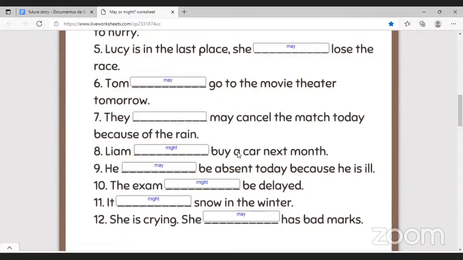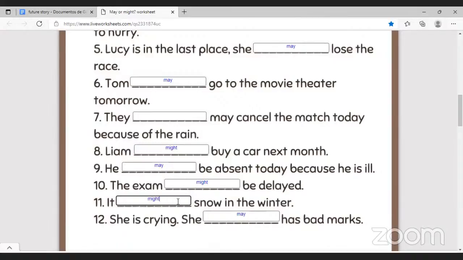Yes. But imagine buying a car is not something cheap, right? Buying a car is quite expensive. No evidence. Yes, there is no evidence. You could say he's been saving a lot of money, or he got a raise and he might buy a car, but there is no evidence.